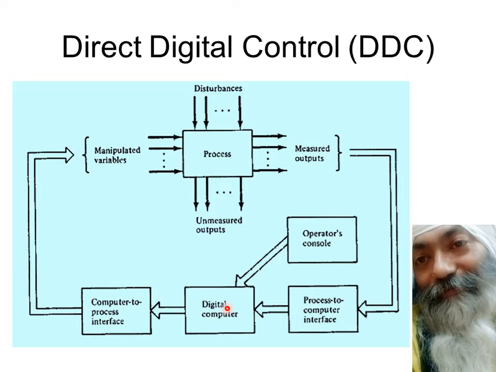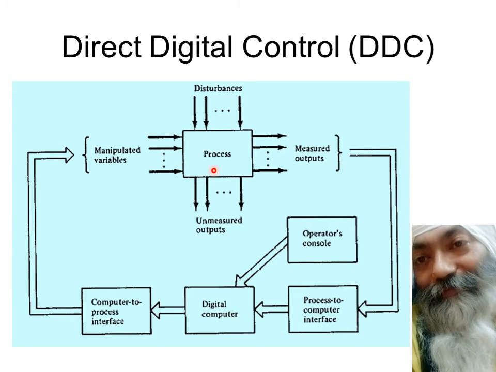And number two, the major risk is that if this digital computer fails, there is nothing in the process that can work in a stand-alone system. This is the biggest problem. The first problem is that all the communication lines have to be brought to this central computer, and all the communication lines from the computer have to go back to the process.